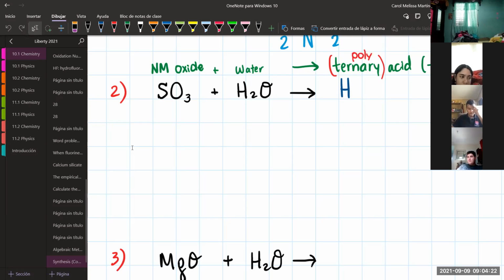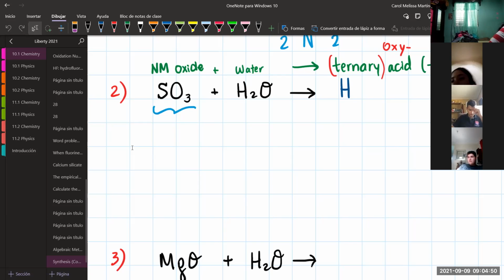So that means that it is actually an oxyacid. Ternary acid and oxyacid are the same, okay? It's the same. So in oxyacids, I have hydrogen and I have a polyatomic part. This polyatomic part is going to include the non-metal oxide, okay?